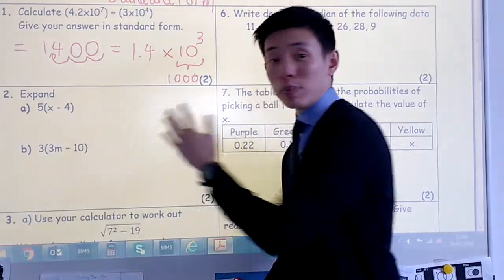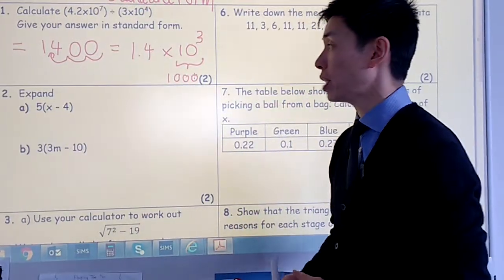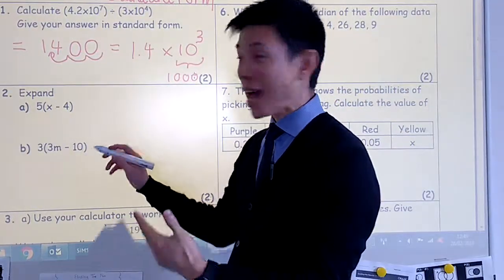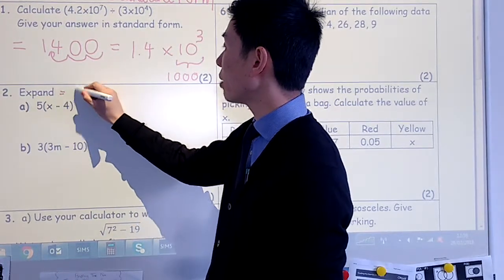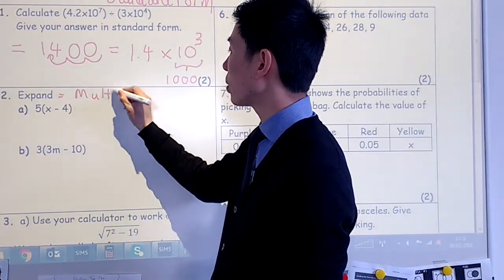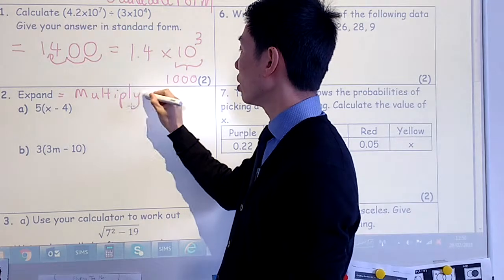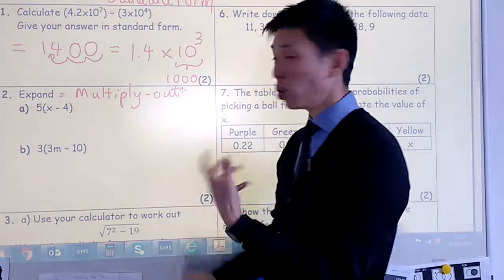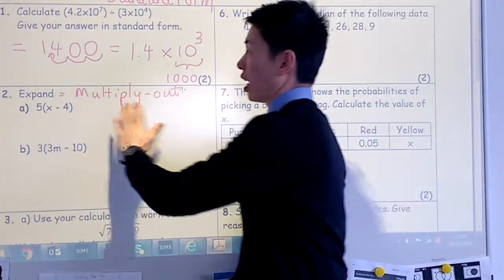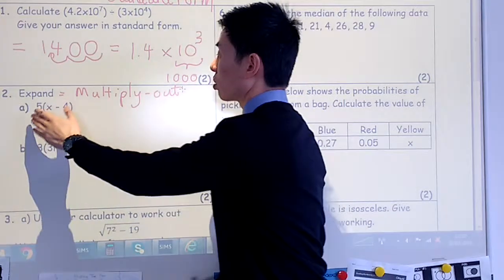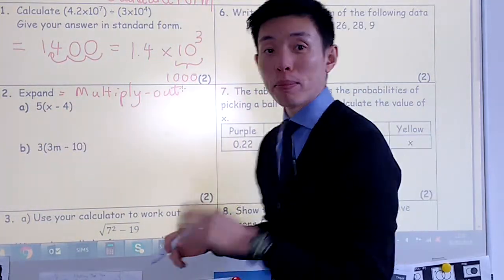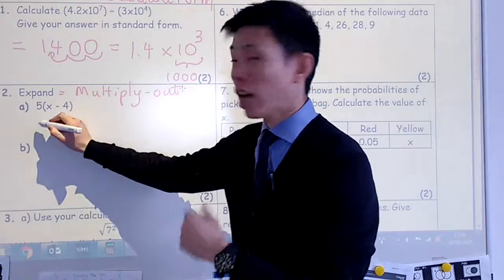This has been tested before in the previous mini test. To expand is also the same as the term multiply out. Those who have done some revisions, almost all of them got this right. Make sure you watch this video as a reminder.